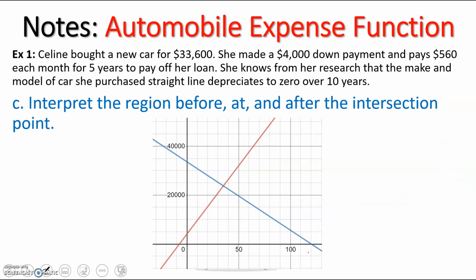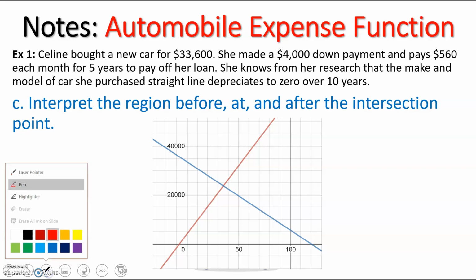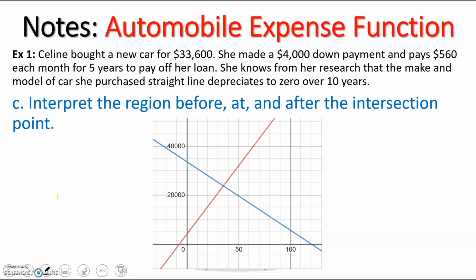All right, last part of the example. We want to interpret the region before, at, and after the intersection. In other words, we want to know, what does this section of the graph mean? What does this right section of the graph mean?